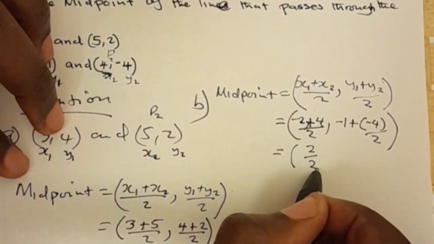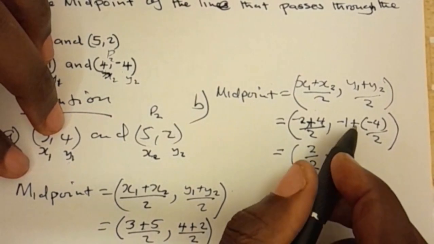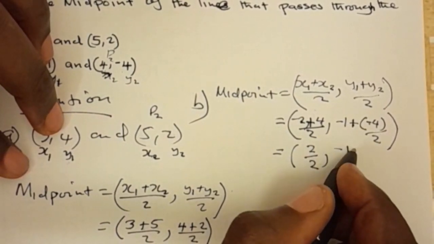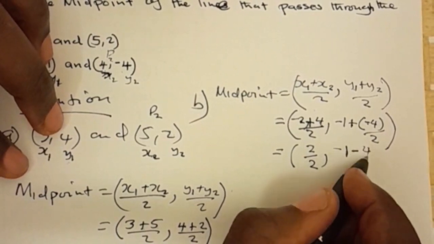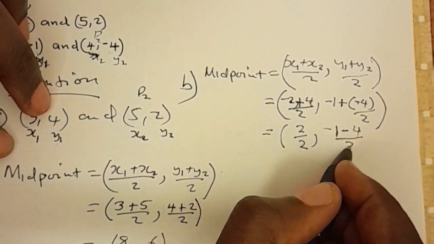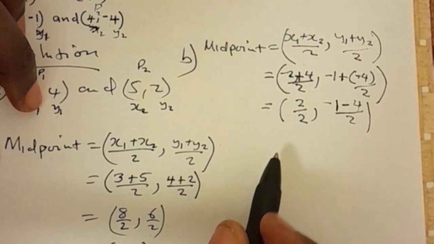2 divided by 2 this side. Then negative 1 minus 4 divided by 2. Okay?